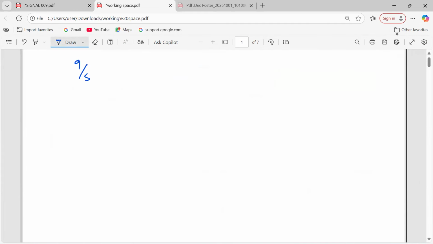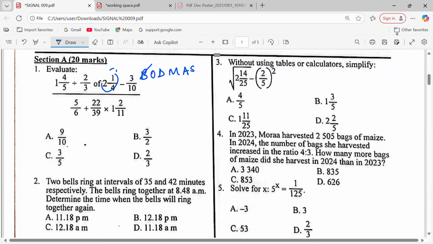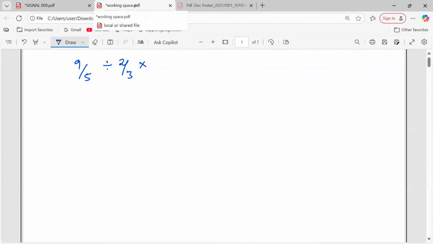So 9 out of 5, then divided by 2/3. Now, after "of", we multiply by 2 1/4. We also make it an improper fraction, and that is 9 over 4. So this will be done first, where later we shall be subtracting 3 out of 10, like that.